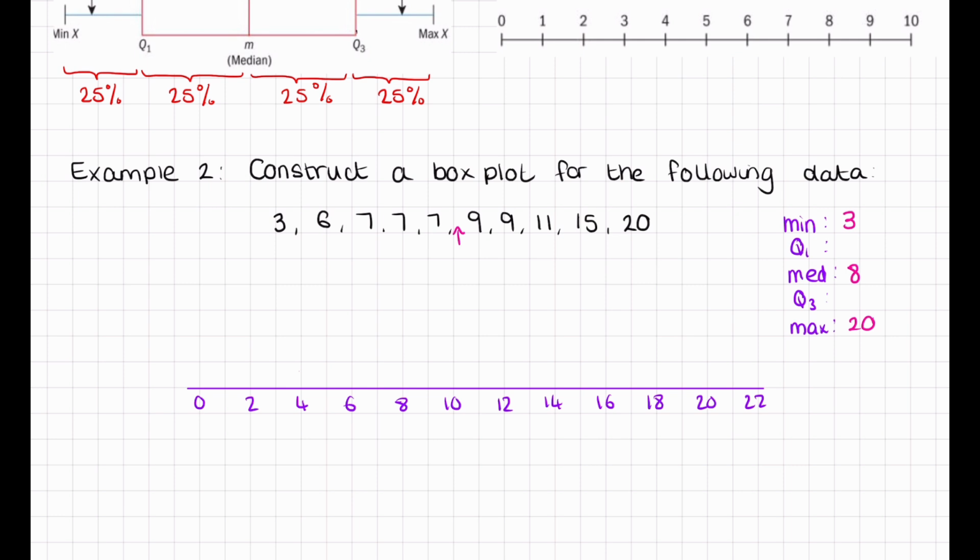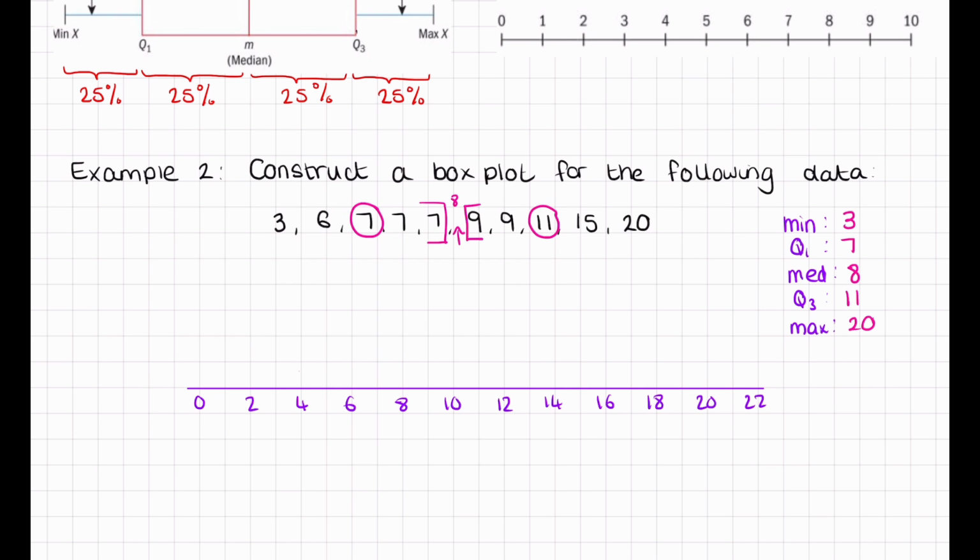Now for our quartile 1, because our median is between these two numbers, our quartile 1 is the middle of the bottom half of the data. So we look at all the numbers below the median, and we look for the middle number there, which is 7. And the same for the upper quartile, we look at all the numbers above the median, which in this case is 9, 9, 11, 15 and 20, and the middle number there is 11.